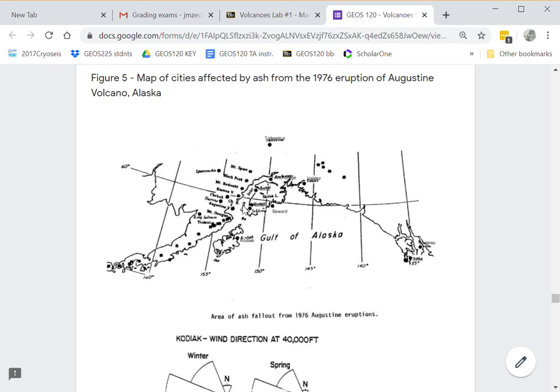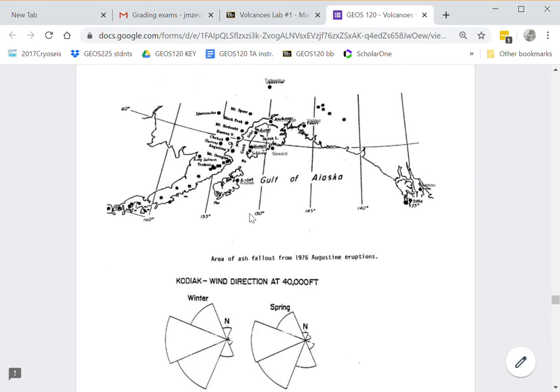And you also get some information about wind directions in Kodiak. So Kodiak is right here. Say there's a weather station in Kodiak that gives you wind directions. There isn't one on Augustine Volcano, at least for this question. So you have to assume that the wind patterns in Kodiak are similar to what's going on in Augustine Volcano.